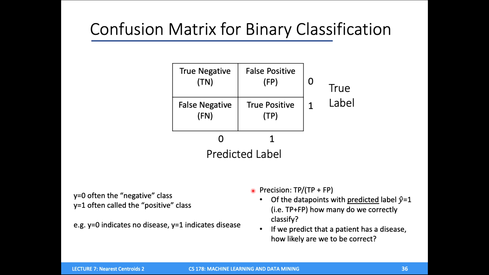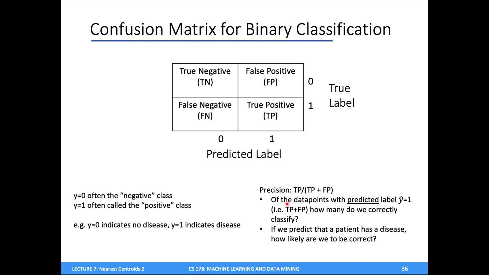Another thing we can compute is called the precision. This is the ratio between the number of true positives and the sum of the true positives plus the false positives. So rather than summing up this row for the denominator, we sum up this column for the denominator. What precision is telling us is something slightly different.